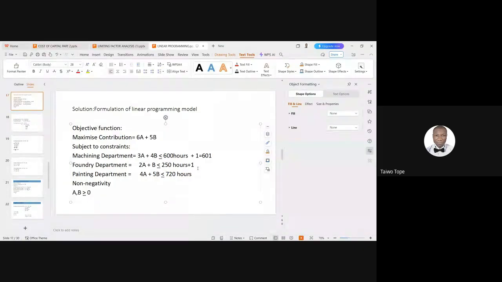There are various methods in which we calculate shadow price. There is the simple arithmetic method, and then there is the graphical solution method.